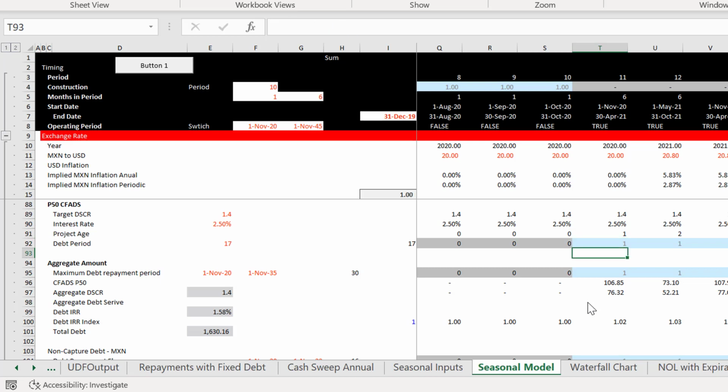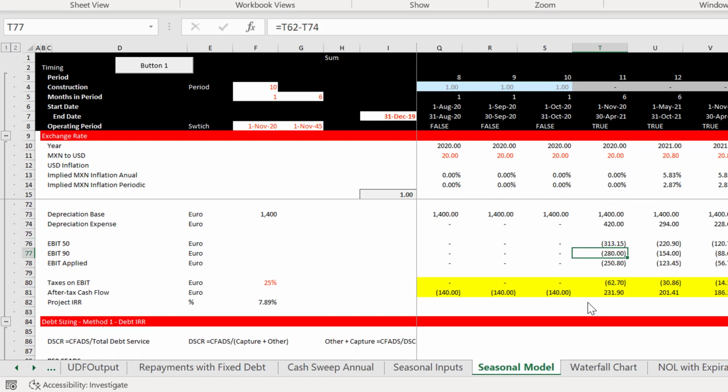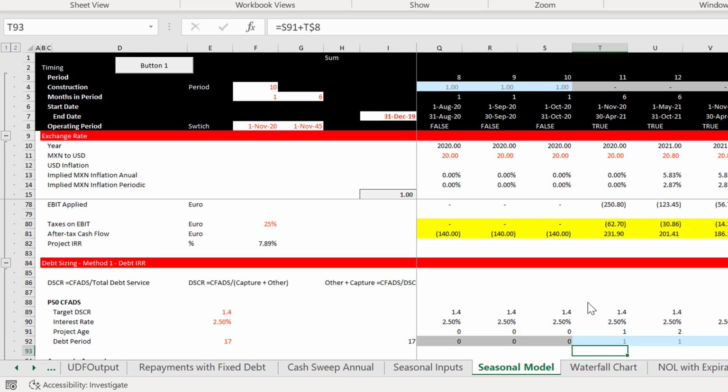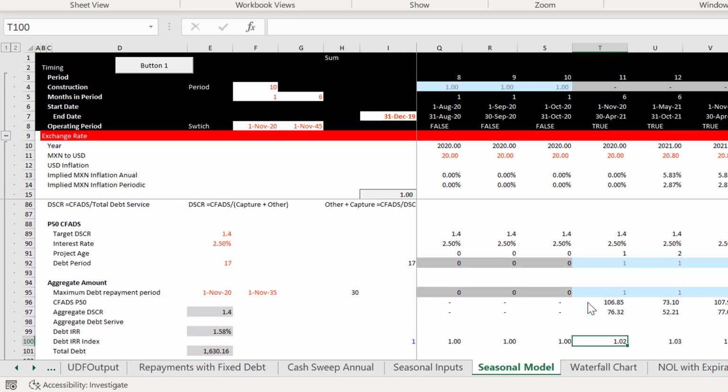And I've had a couple of other videos that do it. I call this the Debt IRR Method. What we do is we start by pretending we know what the overall IRR on the debt is. We don't know that. You can put this in. That's going to come from a circular reference.